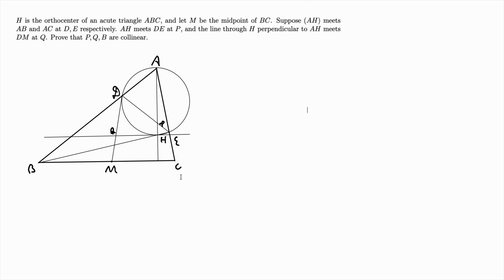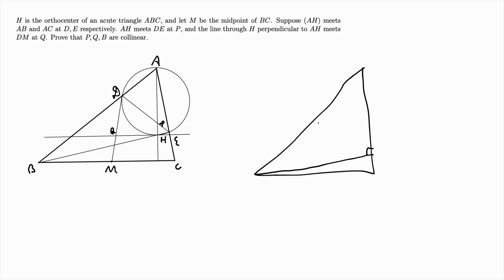Before doing that, let's review what the 3 tangent lemma said, because we're going to use it here. According to the 3 tangent lemma, if you have an acute triangle like this, you draw from here to here, that's 90 degrees.